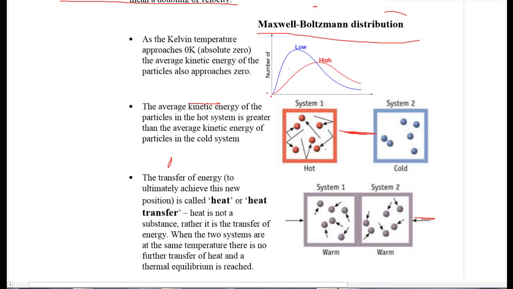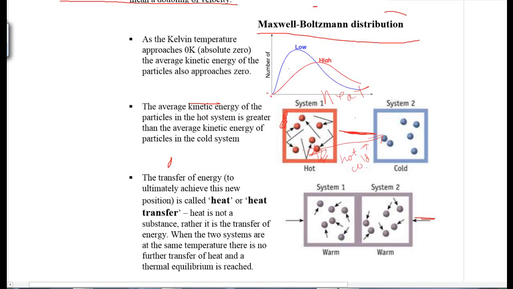So what happens is if I have something that's hot and something that's cold, the kinetic energy gets transferred from the hot object to the cold object. And that transfer of energy is called heat. That's what heat is. It's the transfer of energy. And that transfer actually occurs through collisions. And it always goes from hot to cold.